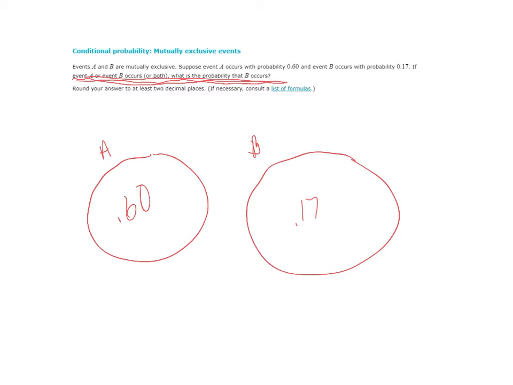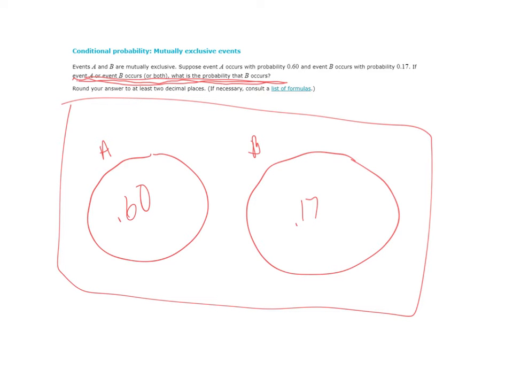If A or B occurs, what is the probability that B occurs? So remember, you got this event space that's got all the probability in it, but it says if one of these two occurs, which is a 77% chance, because I'm just adding those together. So together, these have a 77% chance of occurring. So that's if that happens.